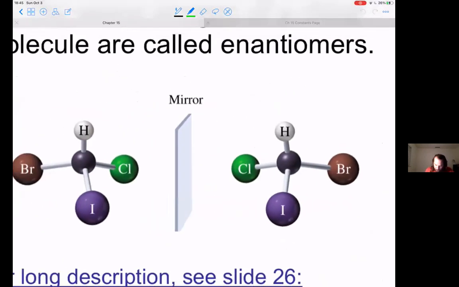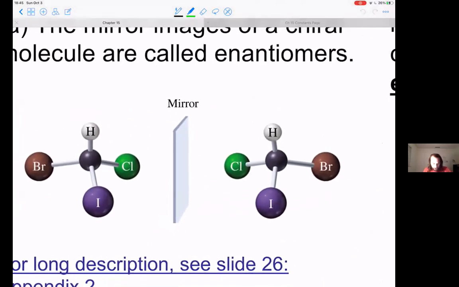So let's take a look at these two molecules here. They both have the same molecular formula, ClBrIH. It's a pretty ugly one, but that would be it. Same thing over here, ClBrIH. And they are mirror images of one another.